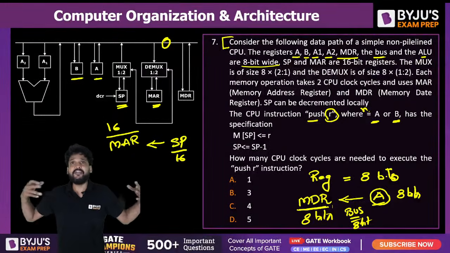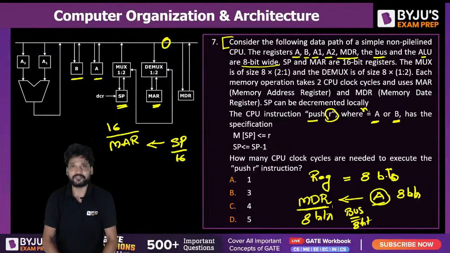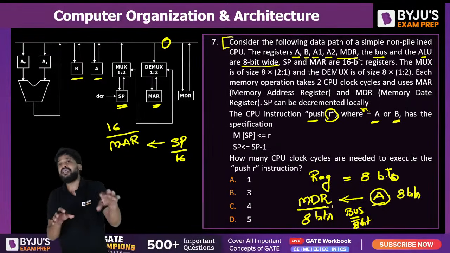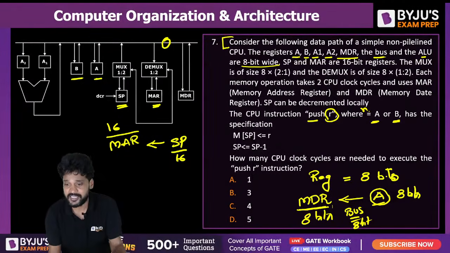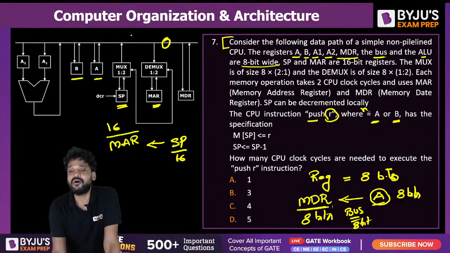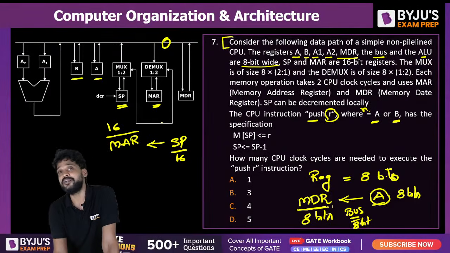At a time, it cannot accommodate all the 16 bits. At a time, it will only be able to accommodate 8 bits. That means that we do require 2 clock cycles. So, in one attempt, 8 bits will get transferred. In one more attempt, 8 more bits will get transferred. So, in order to transfer the SP value to MAR, I require 2 clock cycles.